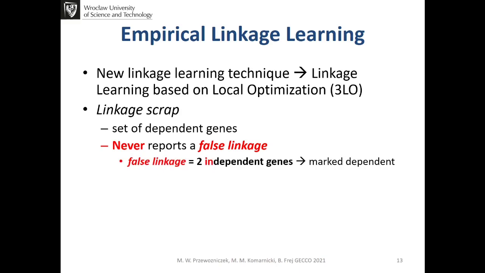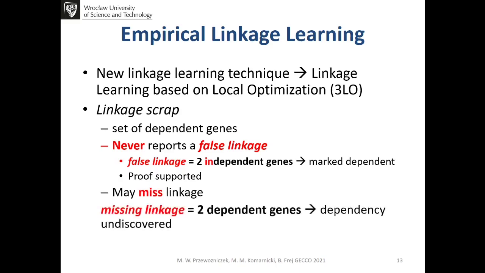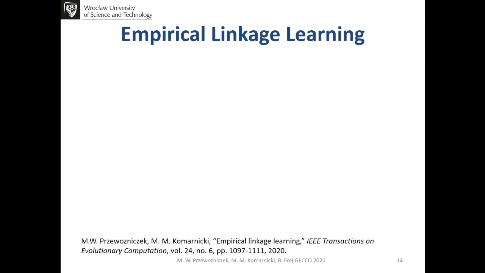A false linkage takes place when two independent genes are marked as dependent by your problem decomposition technique. And we, of course, support this with an appropriate proof. However, 3LO may sometimes miss some linkage, which takes place when two genes which are dependent are overlooked by the linkage learning technique.